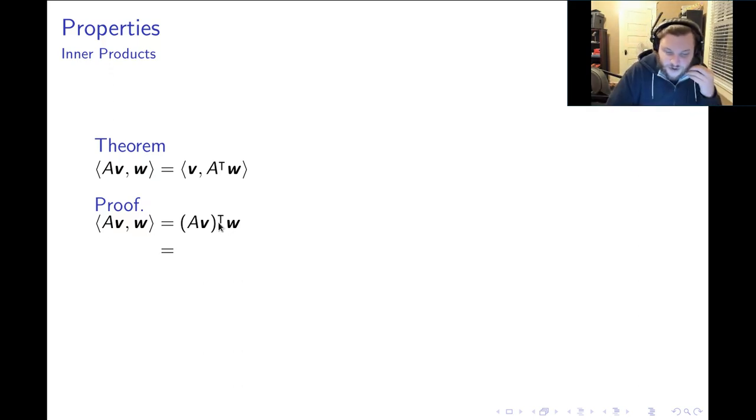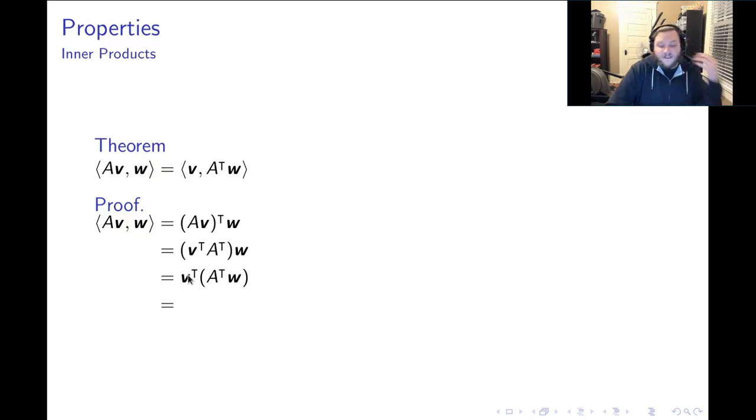So I can distribute the transpose here, but when I do so, I have to reverse the order. We also have the associative rule, which says I'm grouping my parentheses in such a way that I'm multiplying V transpose times A transpose first here, but that's the same thing as multiplying A transpose times W on the right here, and then multiplying by V transpose on the left.